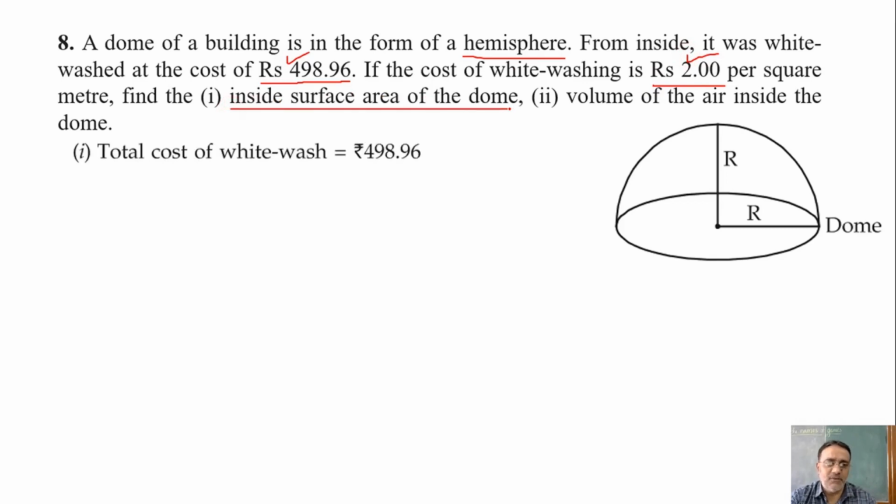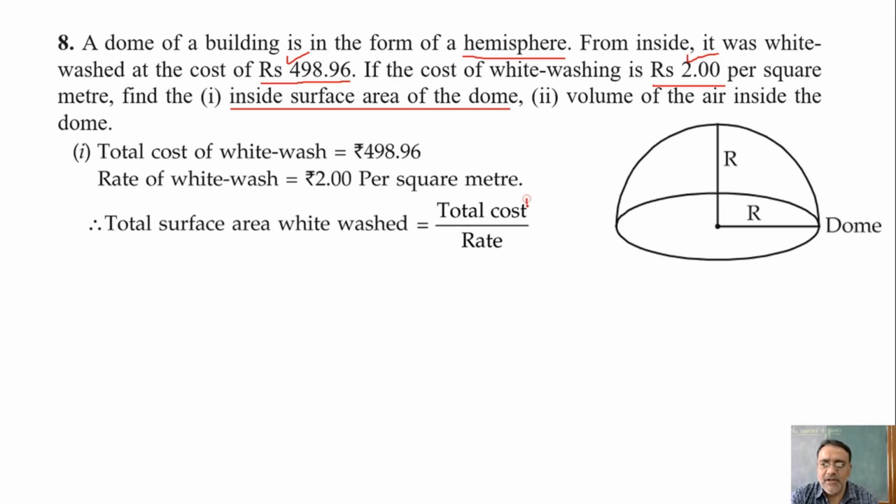So let us start with the total cost of whitewashing, that is 498.96 rupees, and the rate is rupees 2. So the total surface area of whitewash, that is inner surface area, will be total cost upon rate. So this is equal to 498.96 divided by 2.